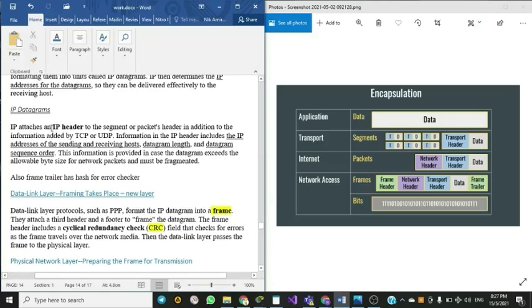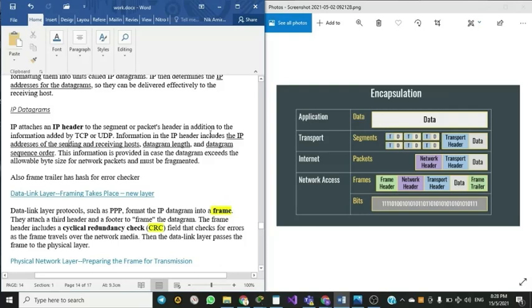IP attaches the IP header. In here, it will be the IP header and the segment or packet header, in addition to the information added by TCP. This is the network header and then the transport header.